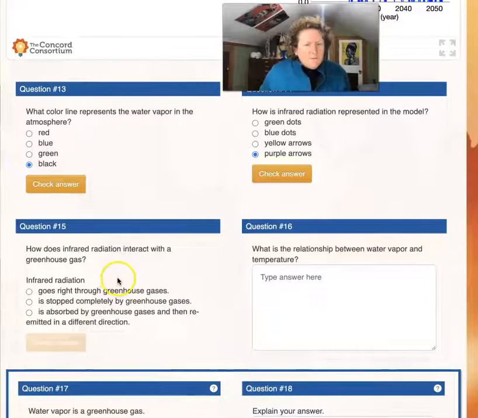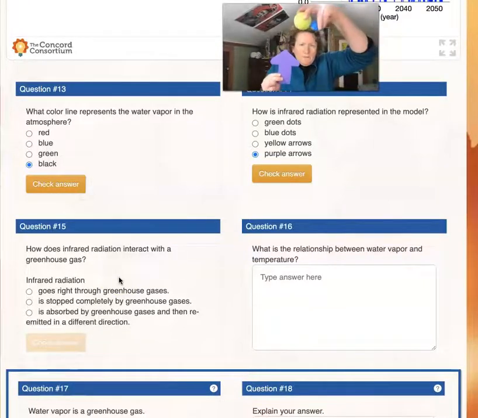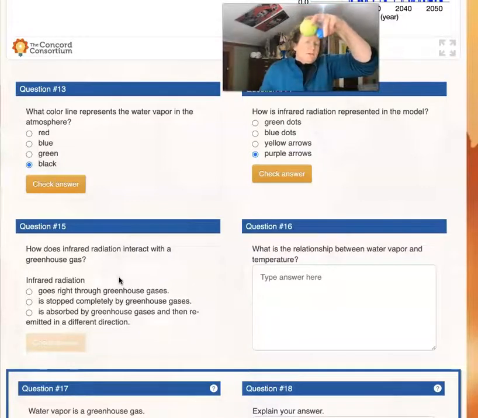How does the infrared radiation interact with a greenhouse gas? Well, we know that the infrared radiation hits the greenhouse gas. It makes the greenhouse gas vibrate more, which represents a hotter molecule.